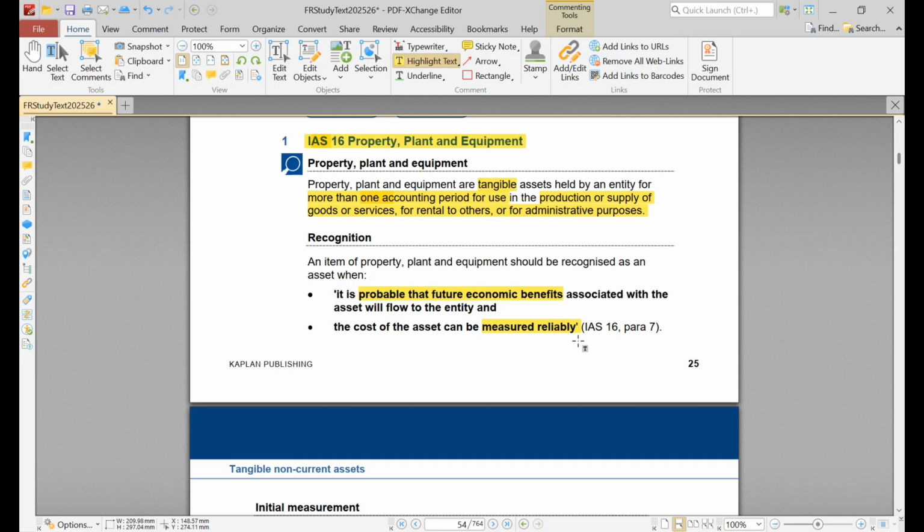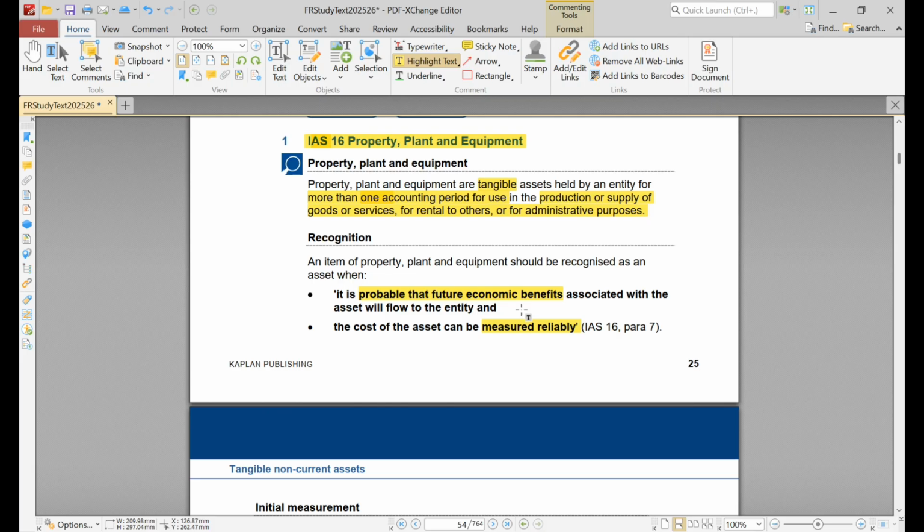And the other one says that it is probable that future economic benefits associated with the asset will flow to the entity. Now, what does future economic benefits mean? It means that there should be some gain out of the asset. For example, a machinery has been used to produce products.